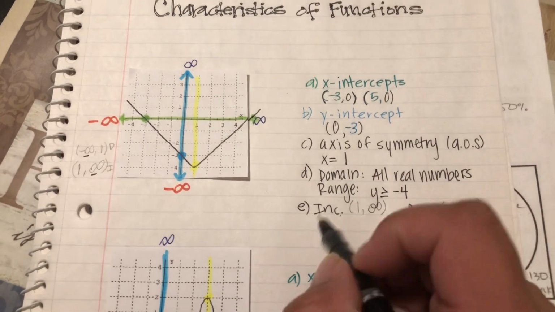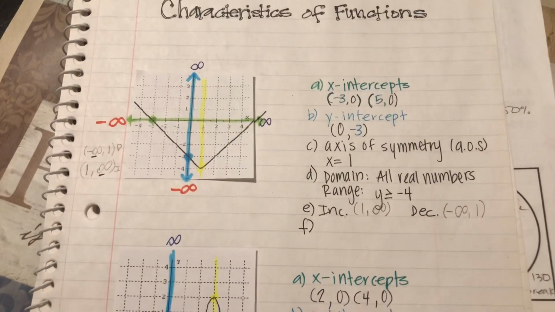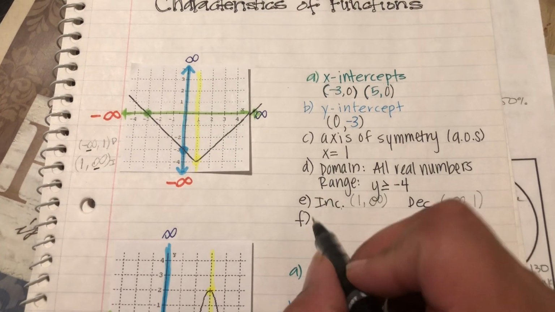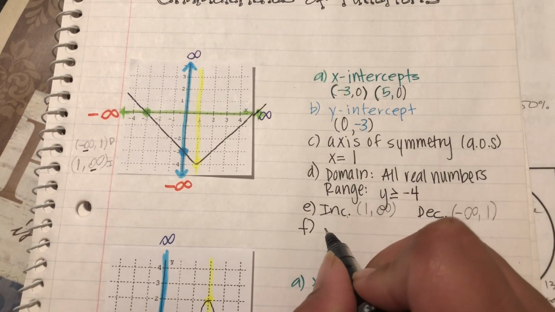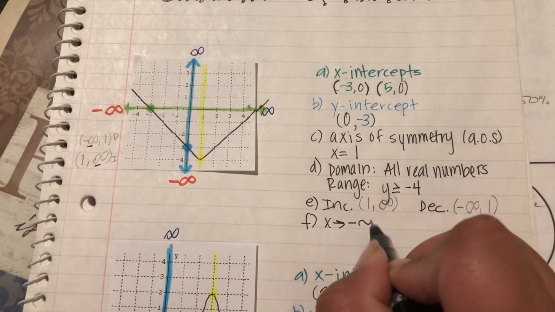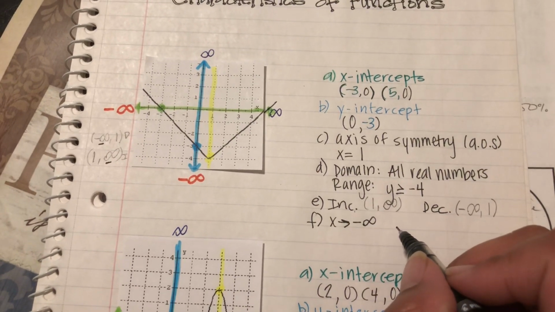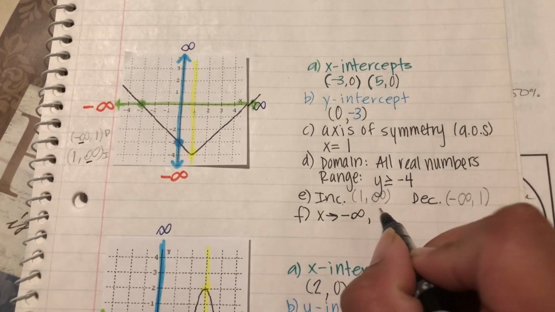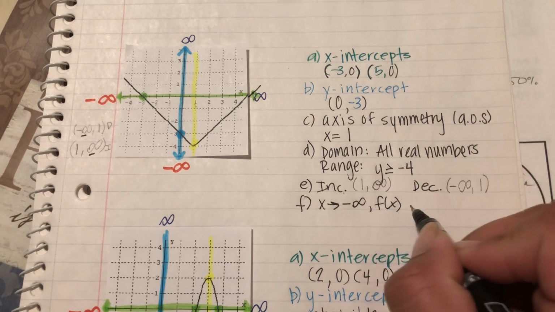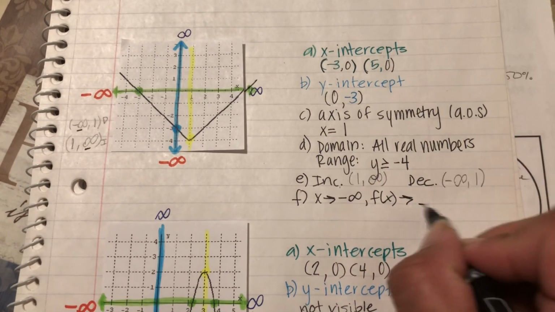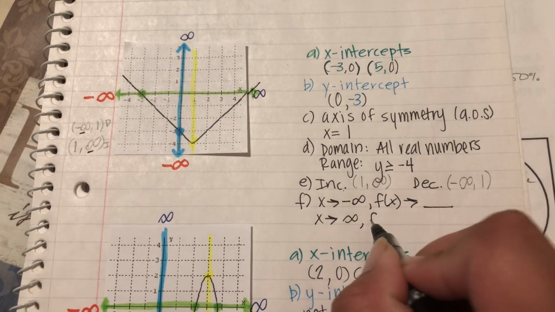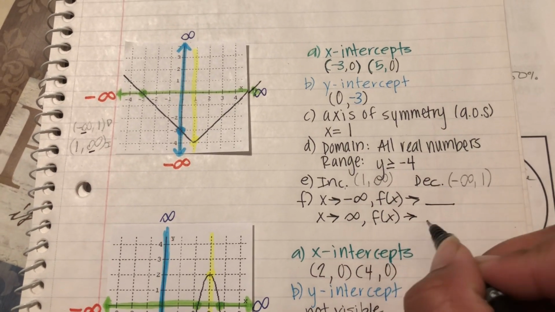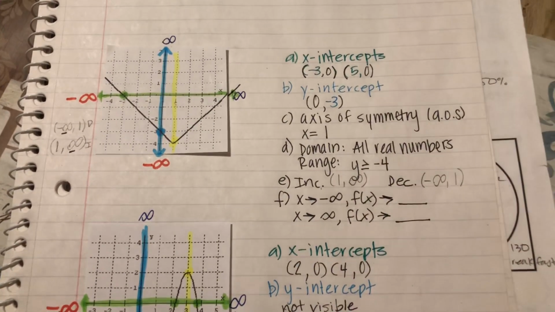So here we have end behavior, and I can write the skeleton: as x approaches negative infinity, f of x, or y, is approaching what? As x approaches positive infinity, f of x, or y, is approaching what?